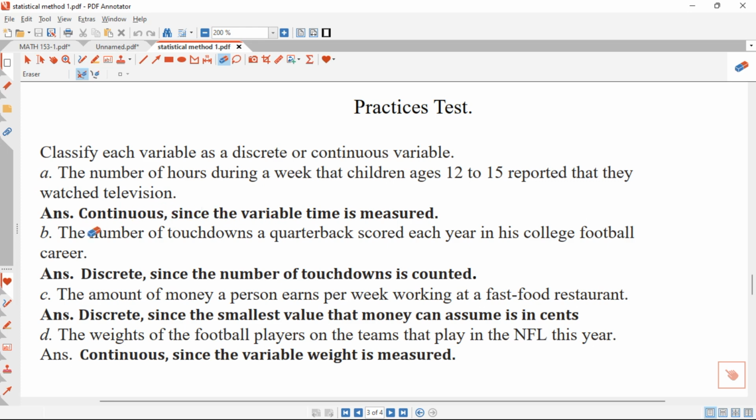And then B says the number of touchdowns a quarterback scores each year in his college football career. This is discrete since the number of touchdowns is counted. It's a discrete variable since we are counting that.